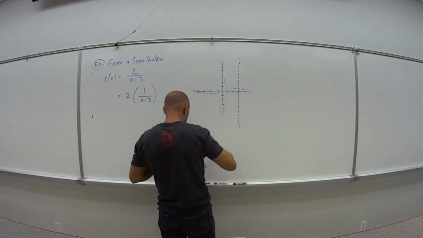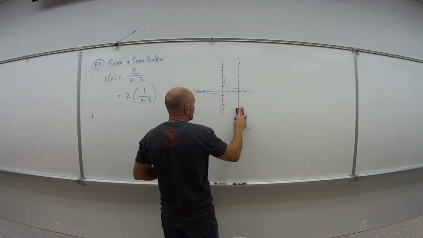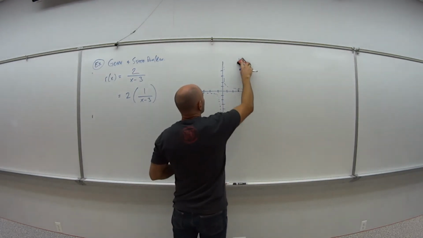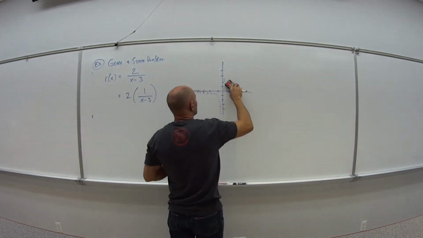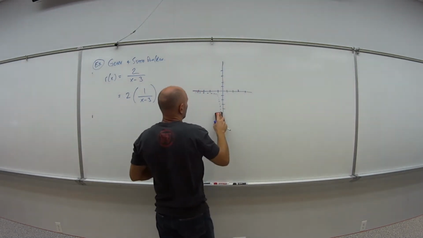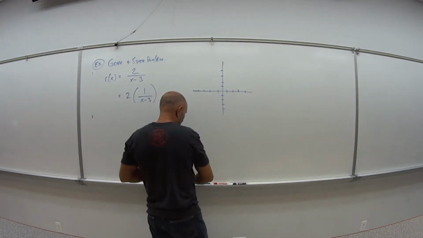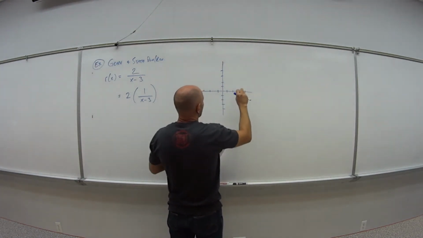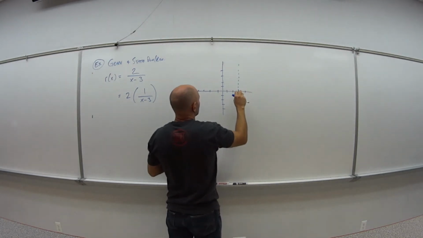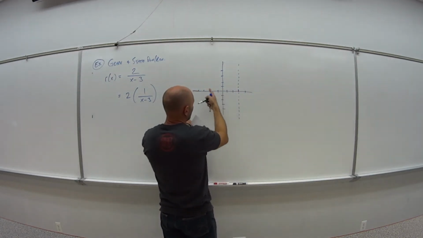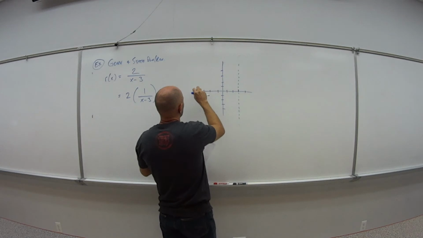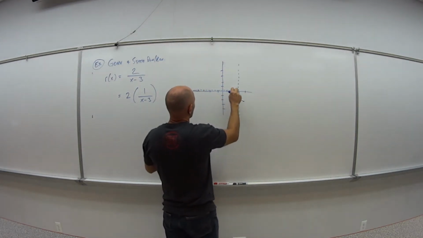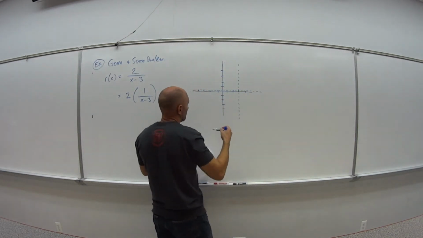Maybe I should do this in a different color. I knew what the 1 over x graph looks like, sort of the L and the upside down L. But now it shifted right 3 units. So my asymptotes, instead of the intersection occurring at the origin, occurs over here at 3, 0.